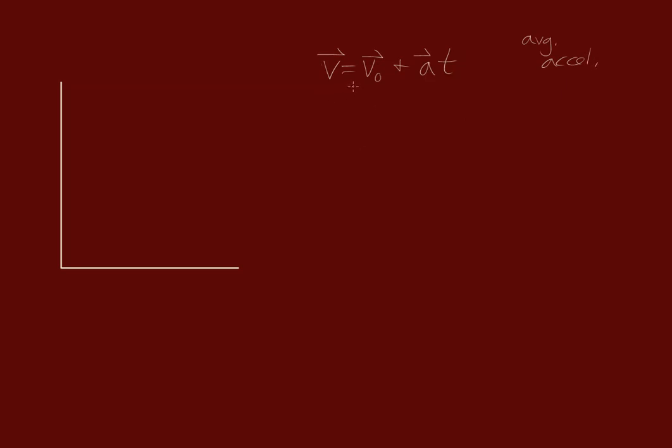And you'll notice if we rearrange the variables here, so let me undo that. If we subtract the initial velocity from both sides and then divide both sides by that time, we get something that looks an awful lot like our definition for average acceleration.